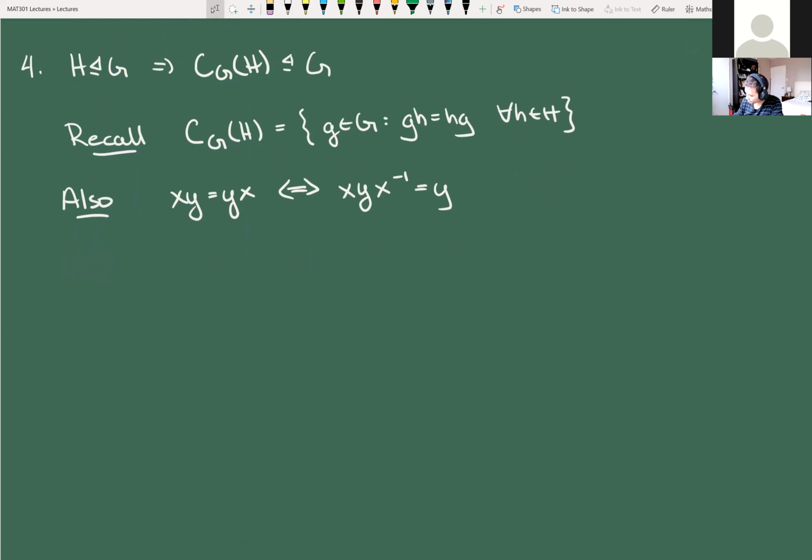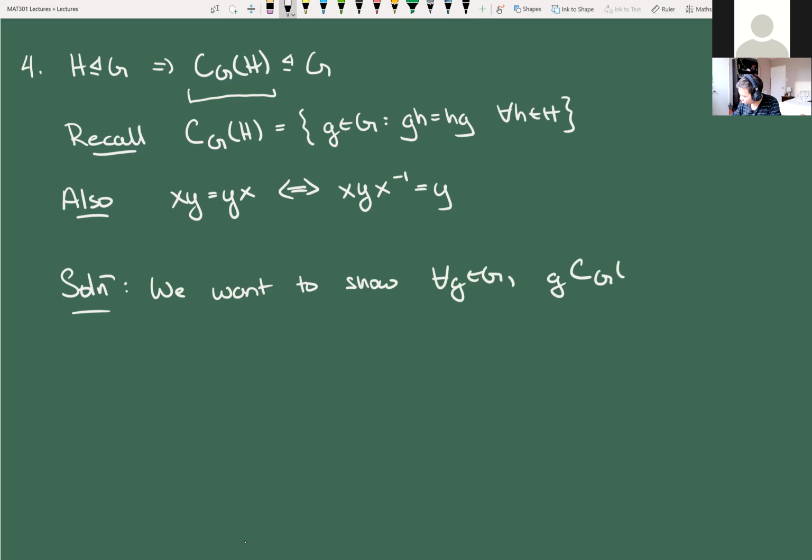Okay, so let's actually start doing the solution. And what I want to do is choose an element in C_G(H), or let's say we want to show, and I really think that for these questions, it doesn't hurt to write down exactly what it is you want to prove. So we want to show that for every g in G, g C_G(H) g inverse is contained in C_G(H), right?